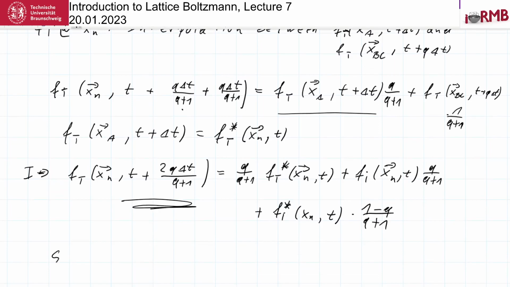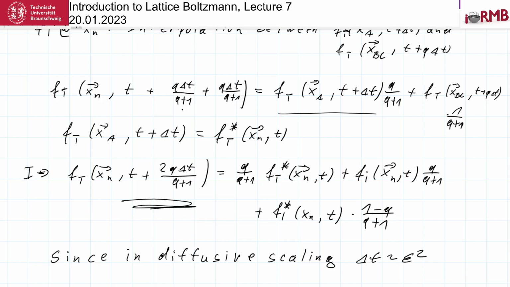However, we are only looking for second order consistency, and we are using diffusive scaling. And what does diffusive scaling mean for the time? Diffusive scaling means delta x is equal to epsilon square. Delta t is equal to epsilon square.